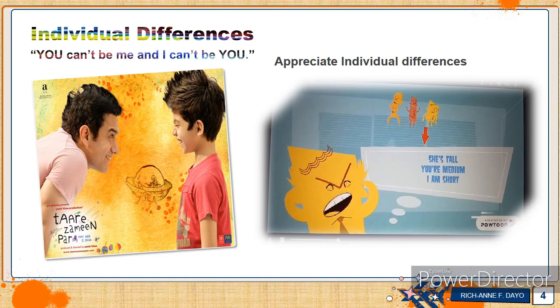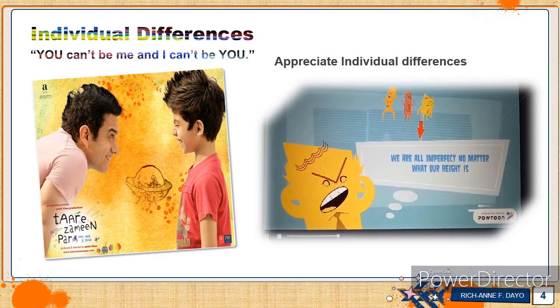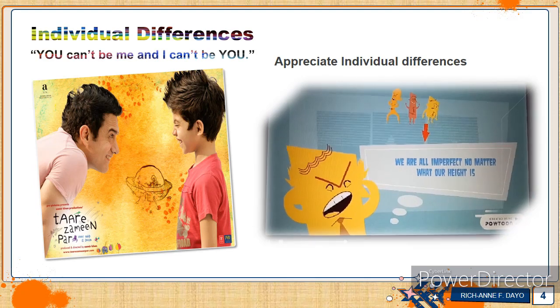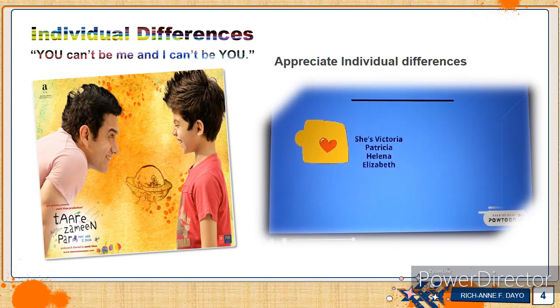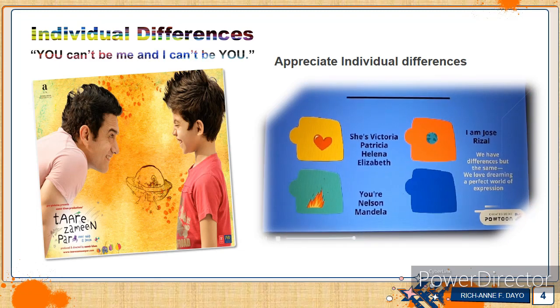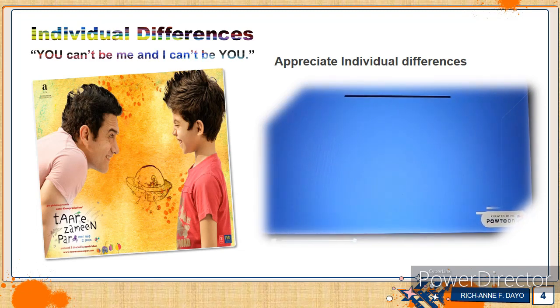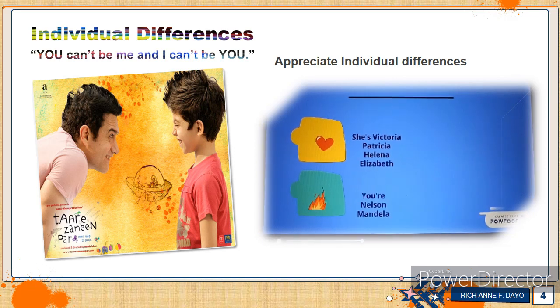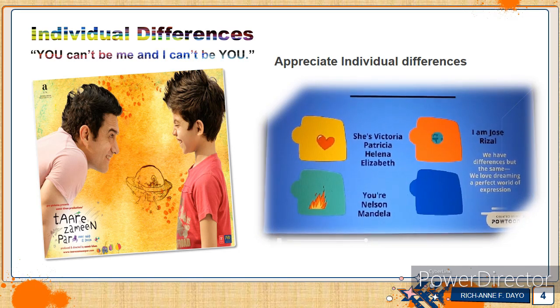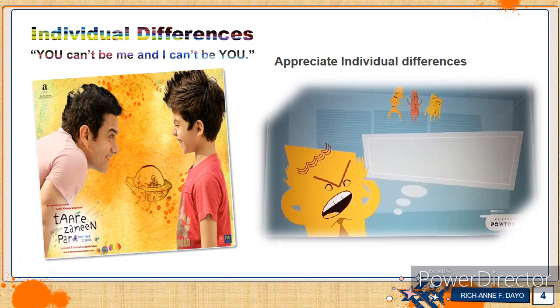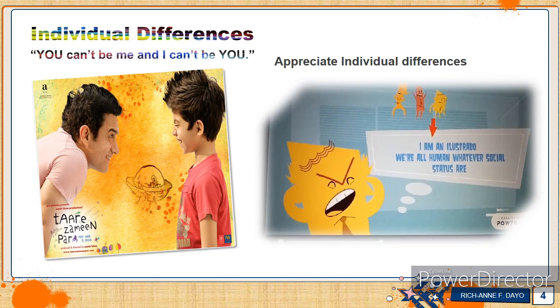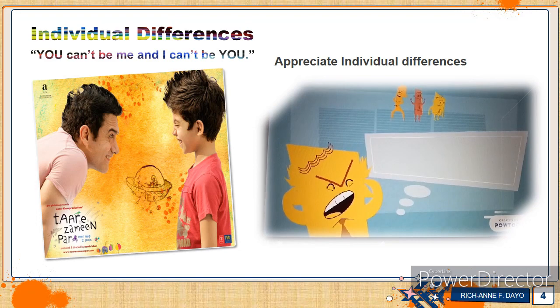She's tall, you're medium, I'm short. We're all imperfect, no matter what our height is. She's Victoria, Patricia, Helena, Elizabeth. You're Nelson Mandela, I'm Jose Rizal. We have differences, but the same. We love dreaming of a perfect world of expression. She's a princess, you're a political leader, I'm an illustrator. We're all human, whatever social status we are.